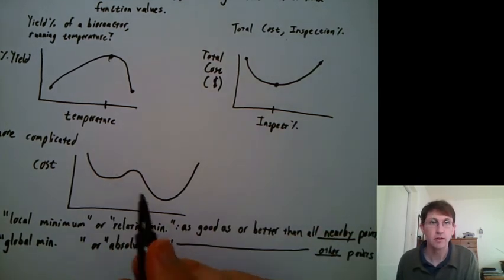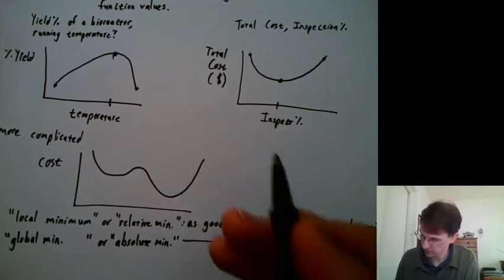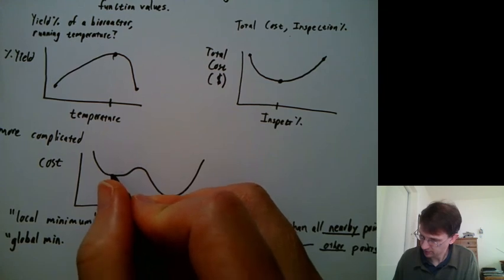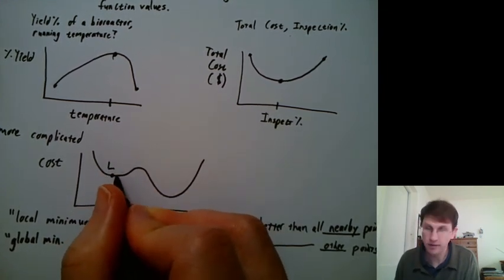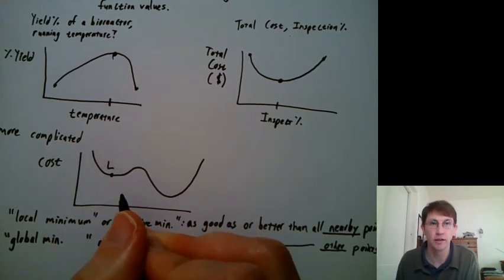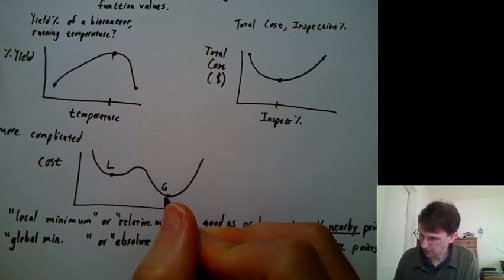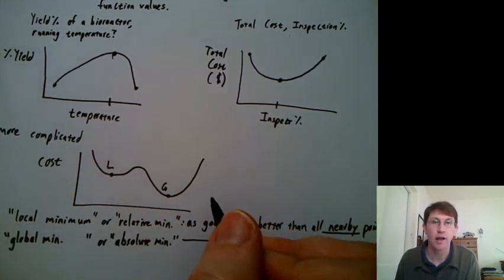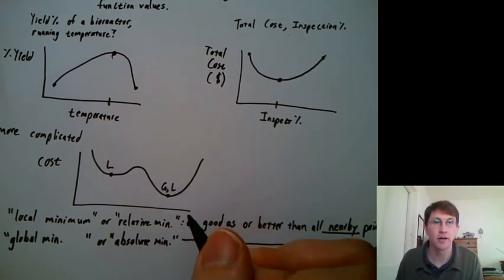So which of these points would you call local or global or relative or absolute minimum? Take a sec to think about that. So this one is a local minimum. It's better than all the points in some small neighborhood nearby it. This one is a global minimum. It's better than all the other points. And it's also a local minimum because it's better than all the points nearby.